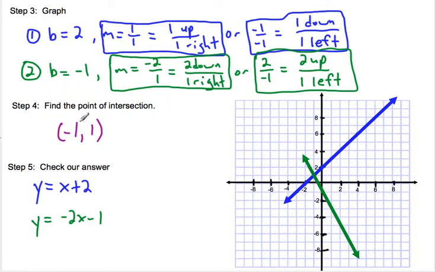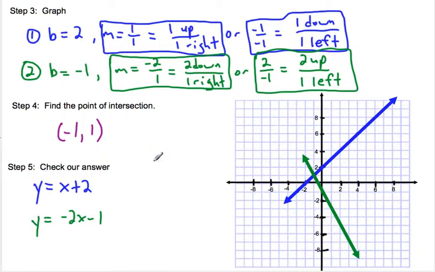We can plug in the variables here. So if x is negative 1, negative 1 plus 2 would be 1, which is what we think y equals. And then down here, negative 2 times negative 1 would be 2, minus 1 would be 1. So this is correct. So negative 1, 1 is the answer.